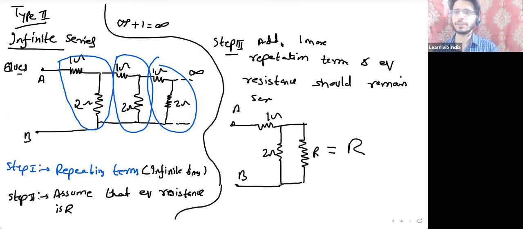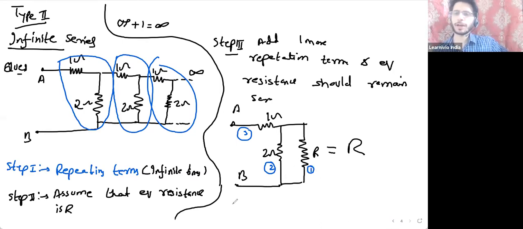Now decide, is there any series and parallel combination over here? Which one is parallel? 2 ohm and R are in parallel. I call this 1, this 2, this 3. Although I can do it in one step, I want to write steps.